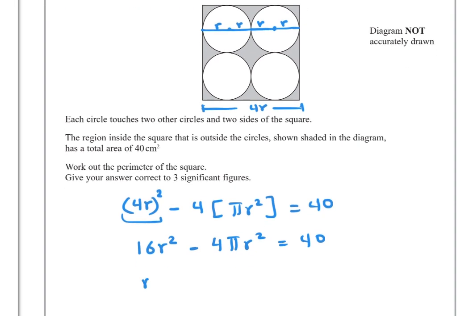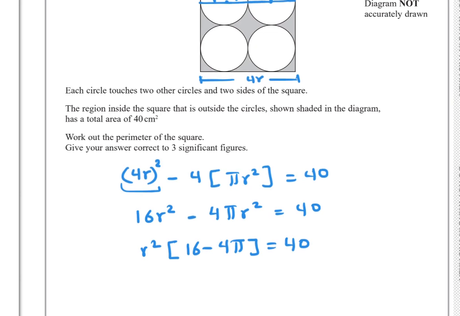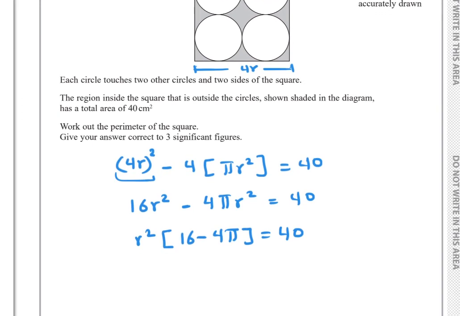You can take r squared common, so r squared into 16 minus 4 pi equals 40. Now you can find r squared, then you can find r. So to find r directly, divide 40 by 16 minus 4 pi, then take the square root.